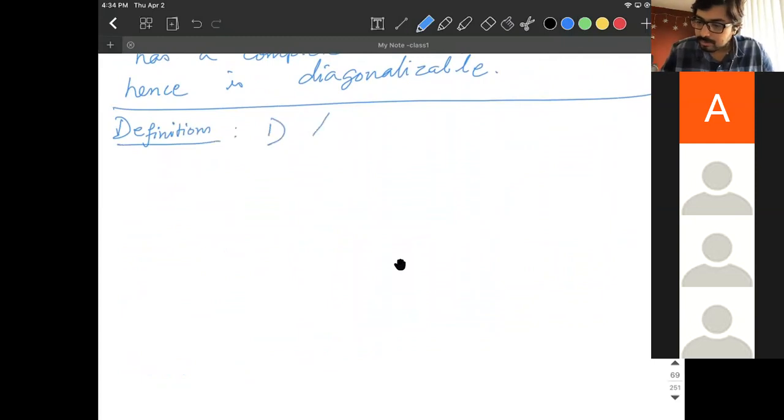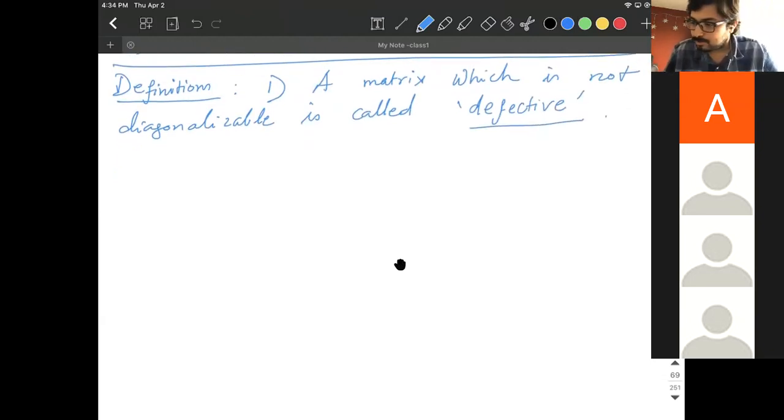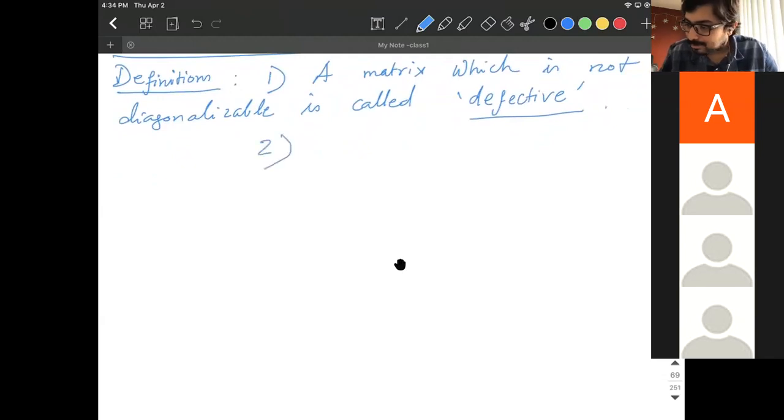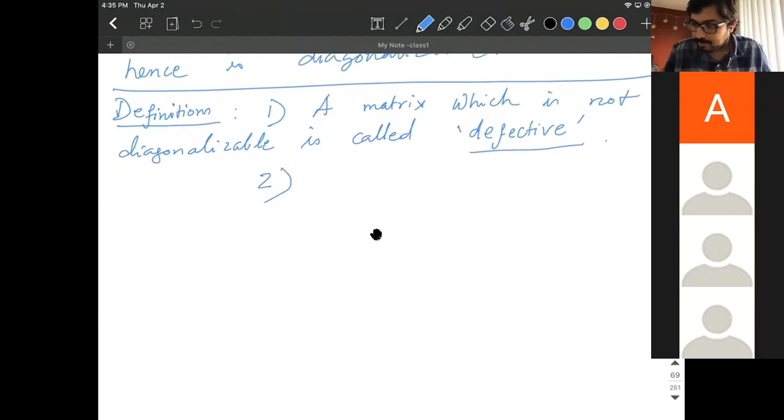Number one, a matrix which is not diagonalizable is called defective. It's a very bad name. I don't like it. I mean, non-diagonalizability might have its own advantages. Why call it a defective matrix? But anyway, just to give a name.